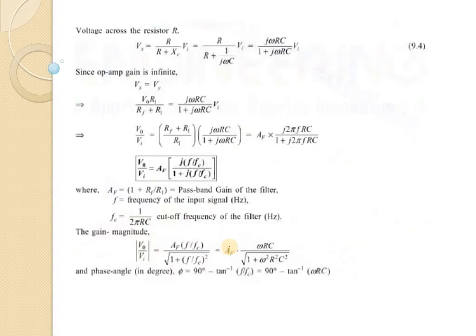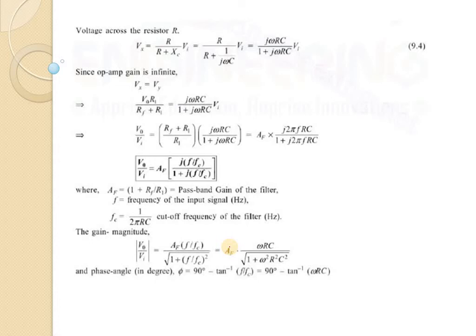Now the voltage across the resistor R, that is Vx, equals R divided by R plus Xc into Vi, the input voltage. That equals R divided by R plus 1 by j omega C. We put in the Xc value, and from calculating this we get j omega RC divided by 1 plus j omega RC into Vi.